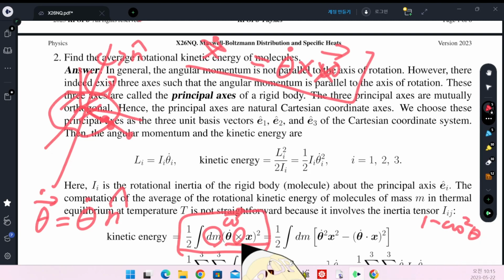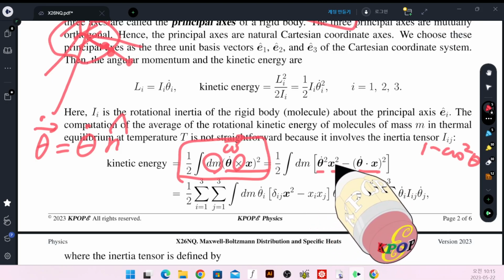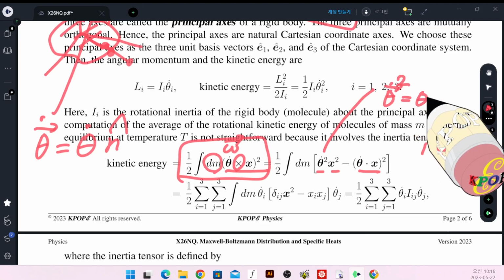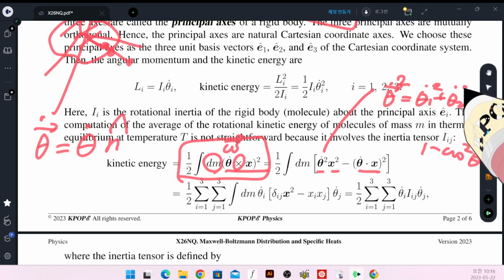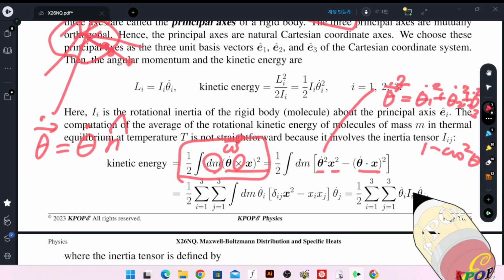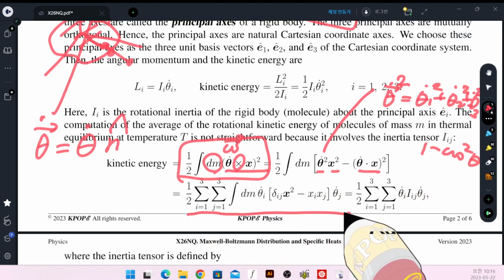Therefore, this cross product squared is the vector squared subtracted by the scalar product squared, because cosine theta is hidden inside the scalar product. Using this expression, we can sum it over, with theta 1 dot squared, theta 2 dot squared, and theta 3 dot squared. Expand everything all together, and at the end of the day, you will find an expansion formula.